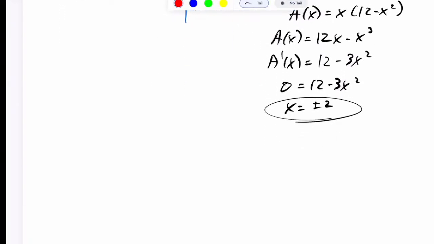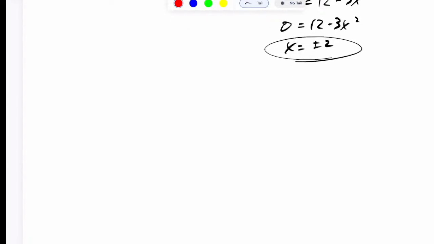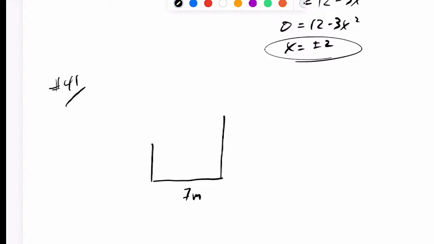41, sure, 41. So for 41, you have two vertical posts that are 7 meters apart, of length 3 and 4. So you've got a vertical post 3, 4. This is 7 meters apart.